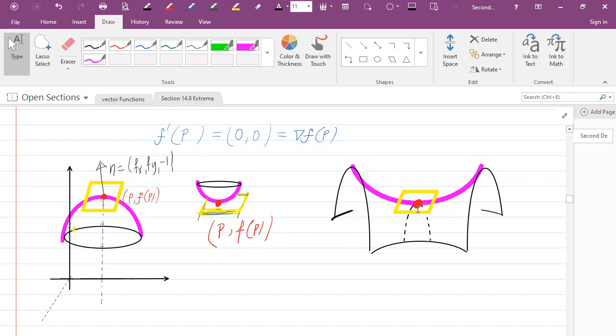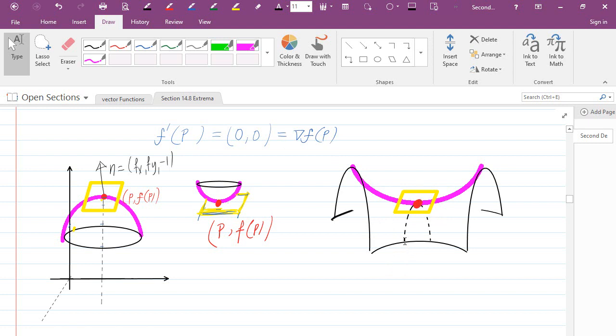This is a saddle point, which means that the gradient is still vanishing at this point. The tangent plane is still horizontal at this point. However, this is neither a local max nor a local min, because if you look at the points on this curve, then this is the lowest point.